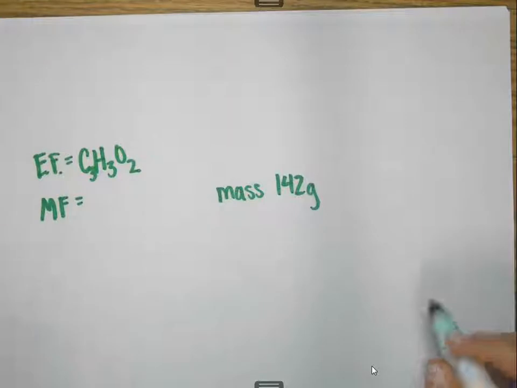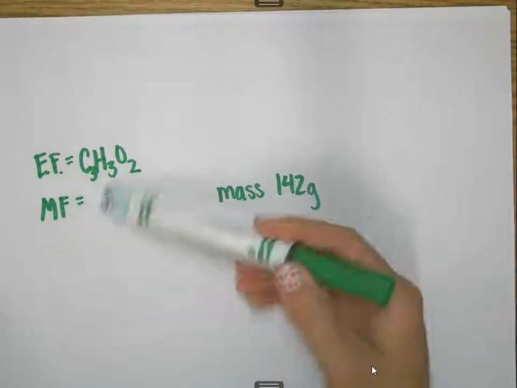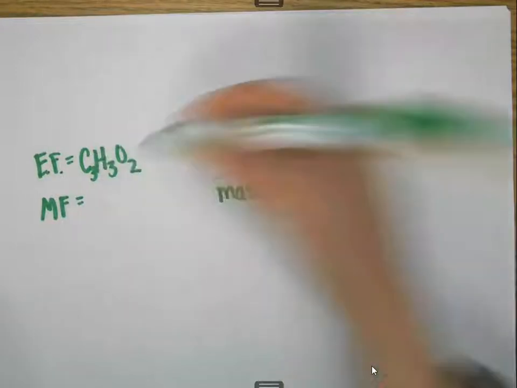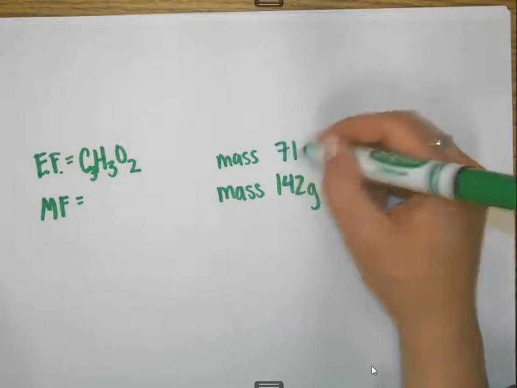How we do that is we compare the masses. The molecular formula is just a multiple of the empirical formula. So if I calculate the mass of this, I'll see that the empirical formula mass is 71 grams.